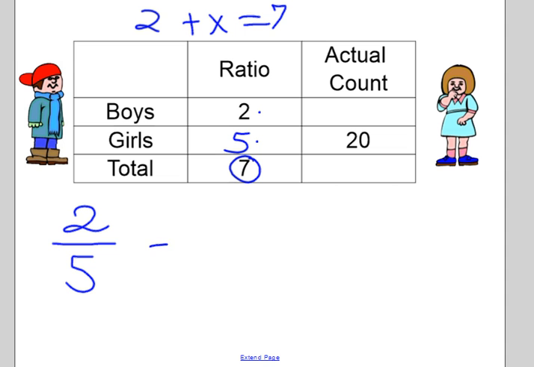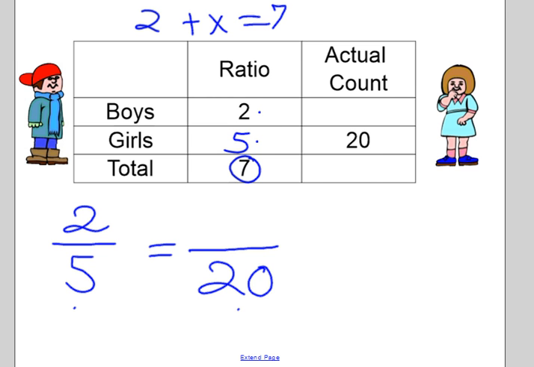I need to use 5 because my other number is 20, and 5 goes with 20. So that relationship needs to be the same. Got to have the same things on the same parts of the fraction. I can't have the 5 here and the 20 up here, because that would say 2 has the relationship with 20. So we can't do that. In this case, we have it all set up.